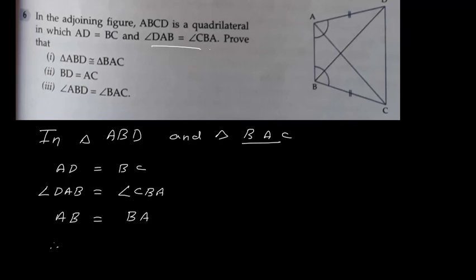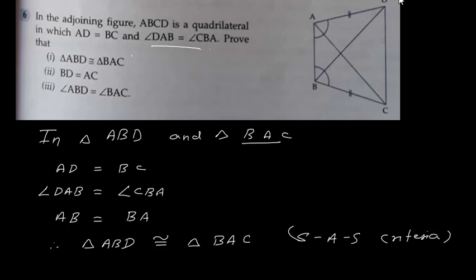Therefore, triangle ABD is congruent to triangle BAC. The criterion is side angle side. So by using the side angle side criterion, these two triangles are congruent, and you have proved this.